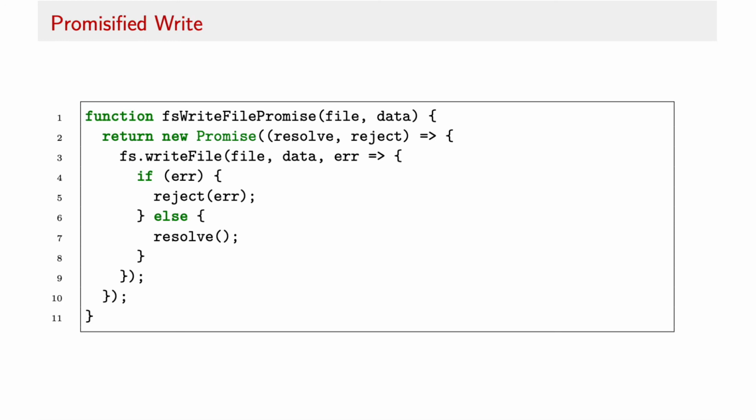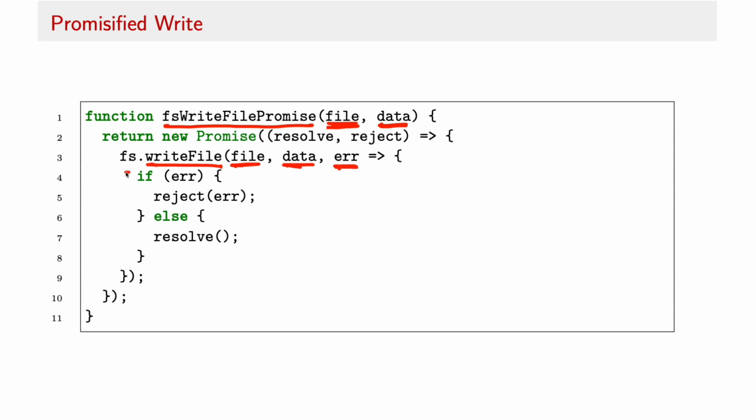But this is the promisified version of FS write file. Takes the file name and the data that we want to write to the file, and under the hood, it's going to call write file, and it's going to pass in the file and the data to be written there. And as we saw previously, write file's callback in Node just has a single parameter, the error object if there was a problem.